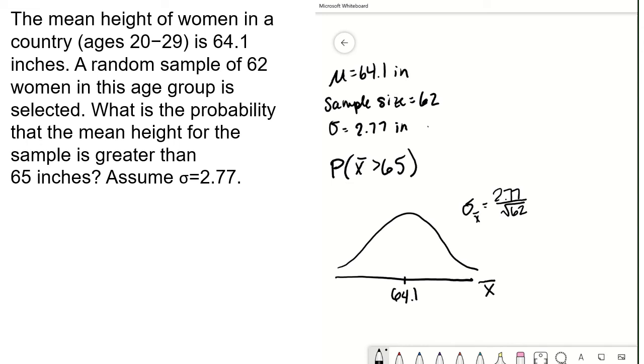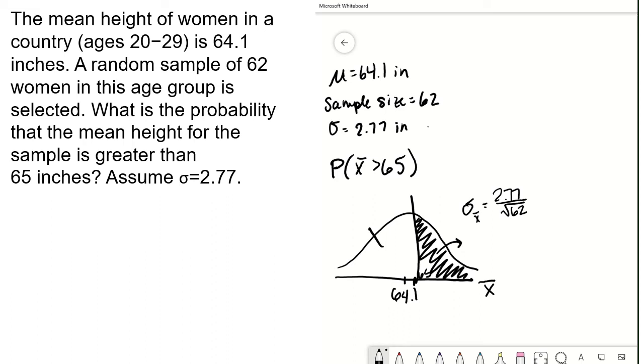Okay, and we want to find the probability that some mean is greater than 65. Well, we know 65 is going to be over 64, so it's there, and we want the greater than half. So that means the number that it spits out in Excel is going to be this number, but we want this right-hand side. So we're going to have to do some adjustments.